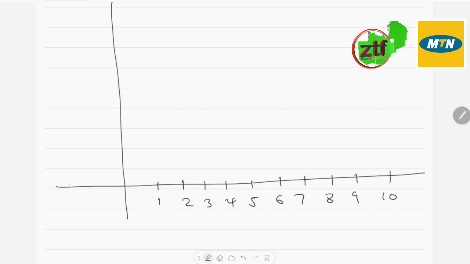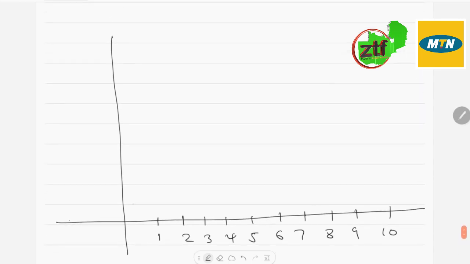Then on the y-axis, we have values 1, 2, 3, 4, 5, 6, 7, 8, 9, then we have the origin.